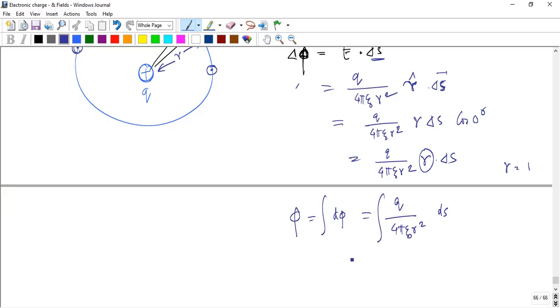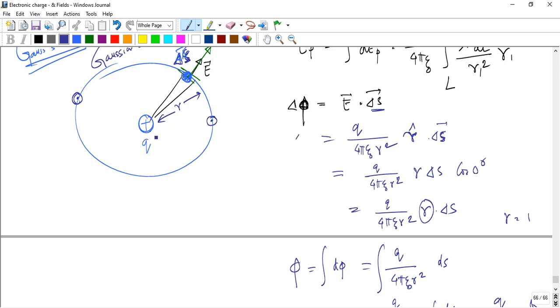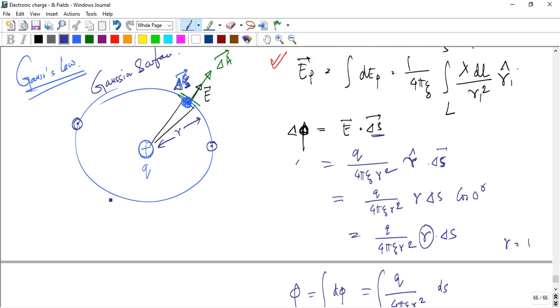Now these are all constant. Q over 4 pi epsilon naught r square, and integrating dS we get S. S represents the surface, a 3D object, here the curved surface area of the sphere, which is 4 pi r square. So Q over 4 pi epsilon naught r square times 4 pi r square.